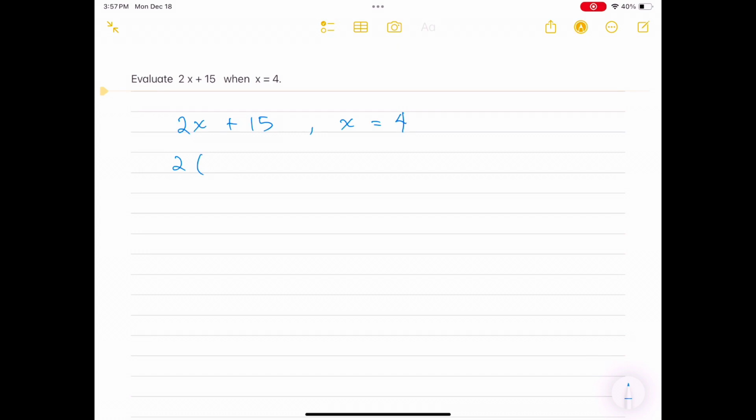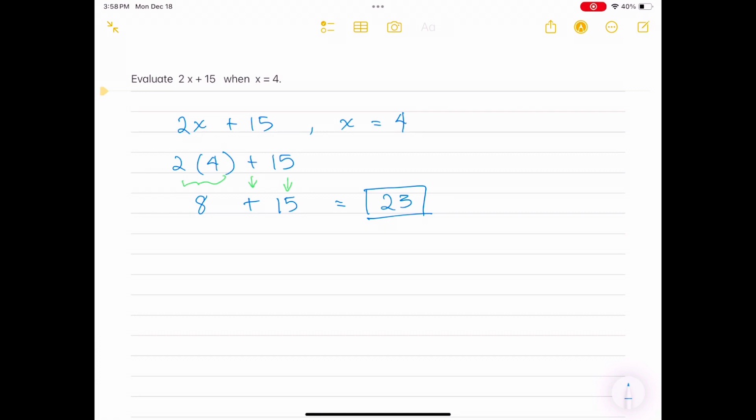Now we substitute x with the number 4. So we have 2 times 4 plus 15. According to order of operations, we first must do the multiplication before the addition. So 2 times 4 equals 8. Now we have 8 plus 15, which equals 23.